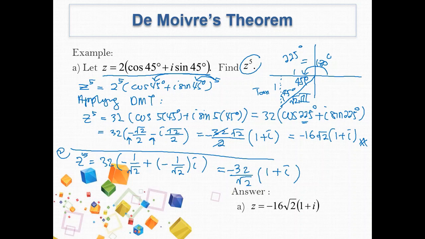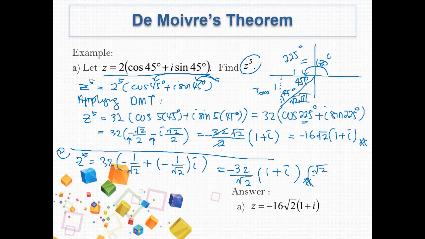So what we need to do here is, you can leave your answer in this form. This is also correct. Okay, if you want to simplify more, you need to multiply with square root of 2 over square root of 2.